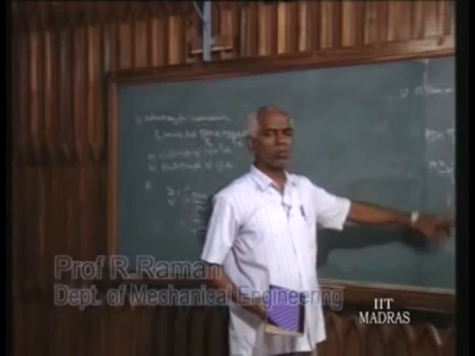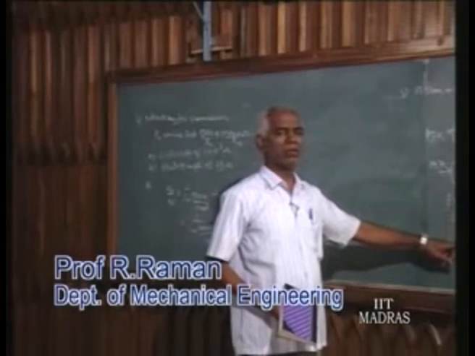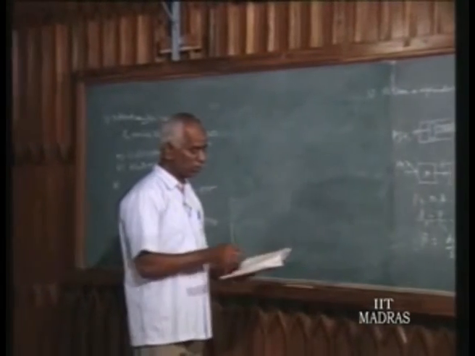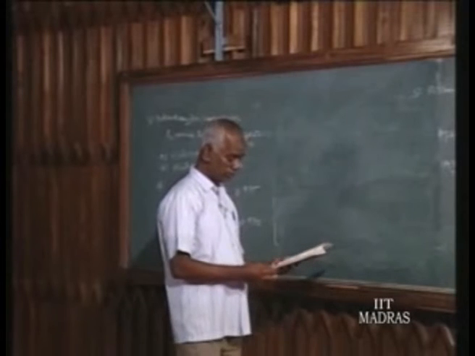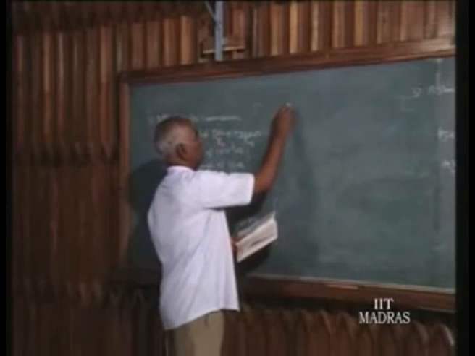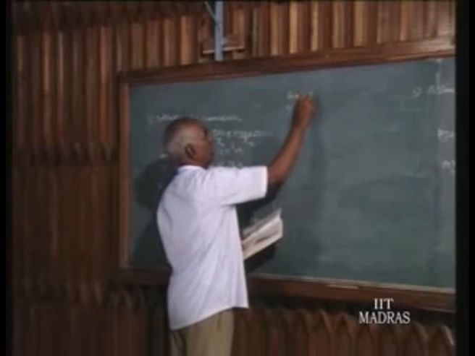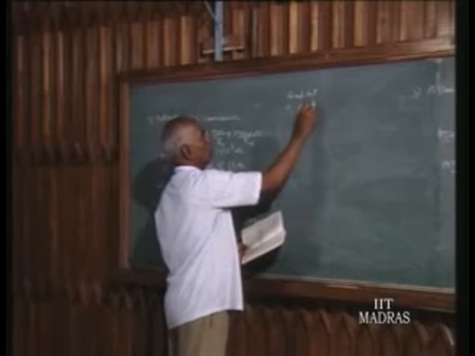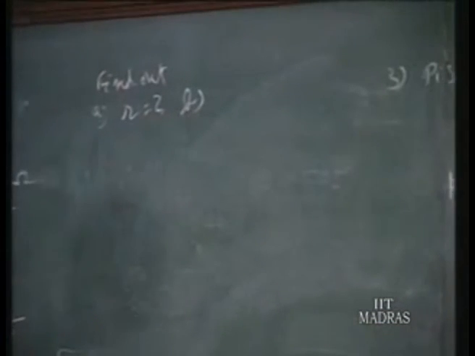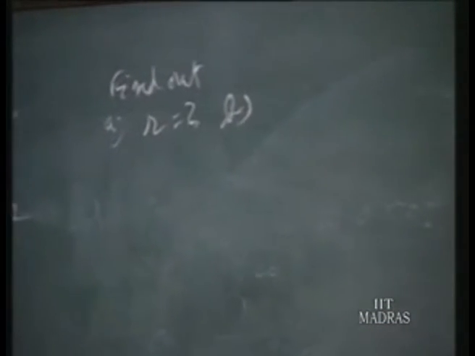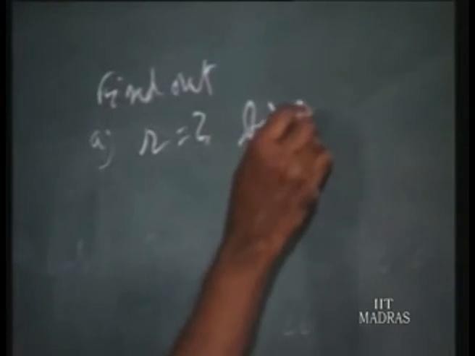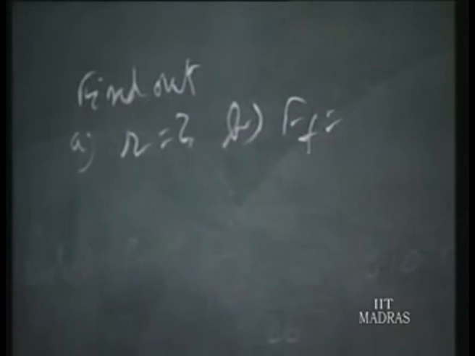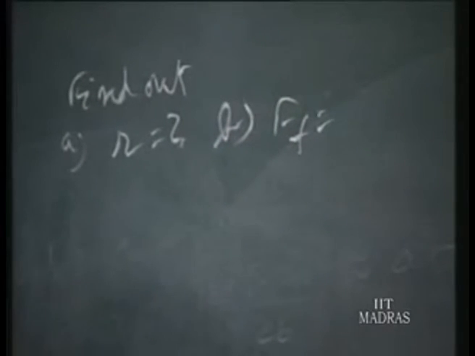But instead of going for a 4-quadrant diagram, since it's a purely linear instrument, we can analytically compute the values. Now what is asked in this problem is to find out the radius of the pinion R, and then the total error. F is the force, and the friction force FF is 5 Newton.